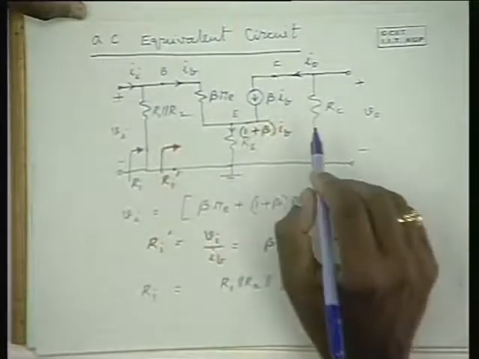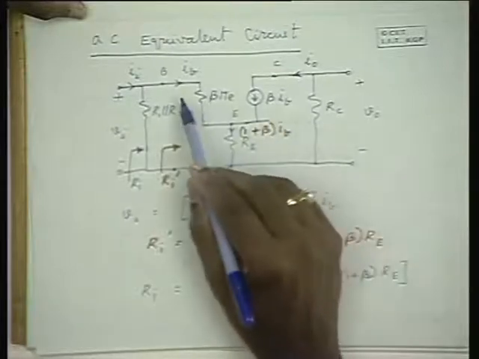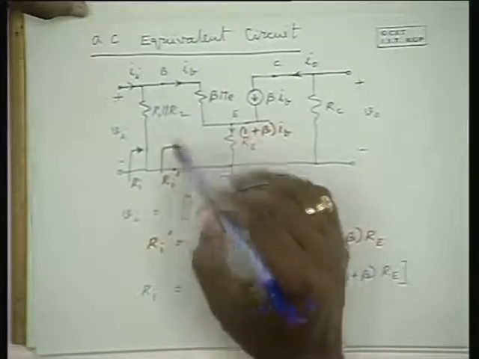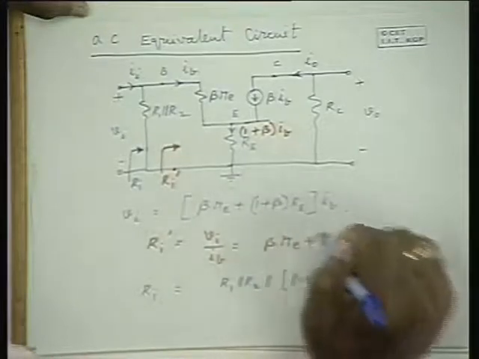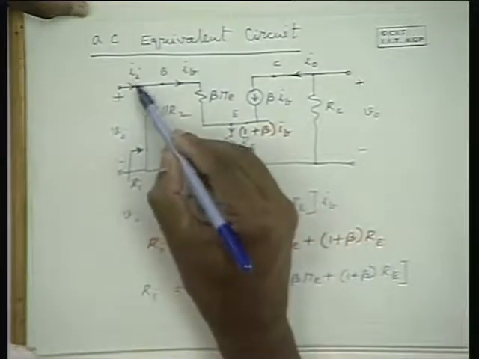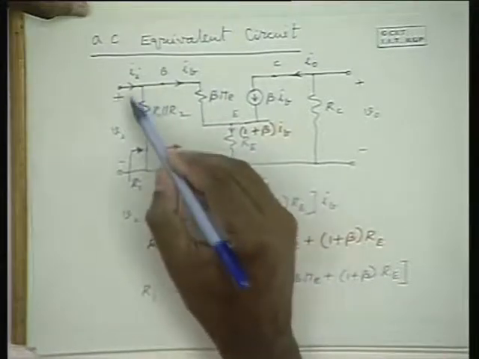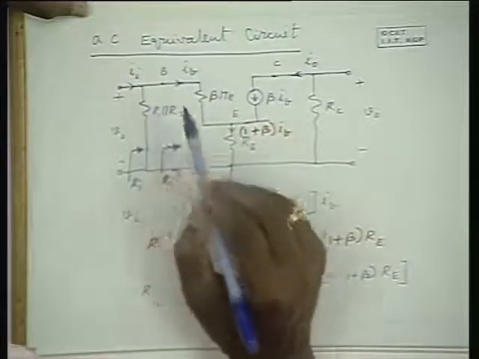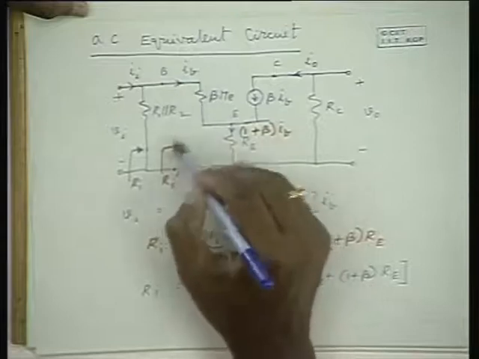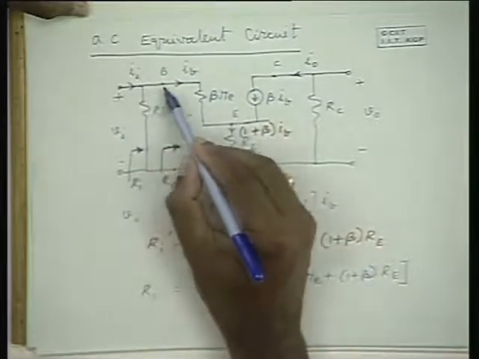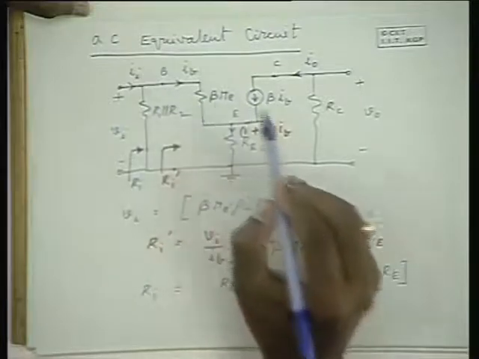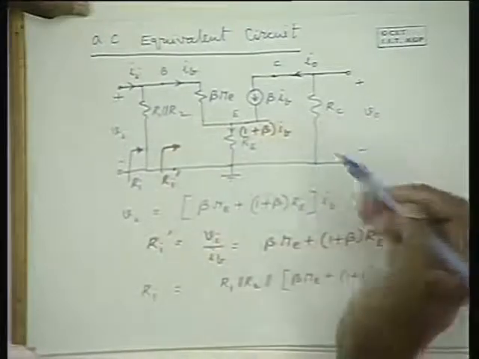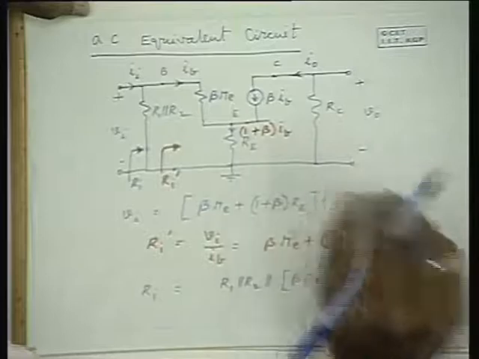The input voltage Vi can be expressed as IB into Ri dash. Note that Ii into the whole Ri is equivalent to IB into Ri dash itself, because there is no series resistance here. So we shall substitute these expressions in the voltage gain expression and get the result.